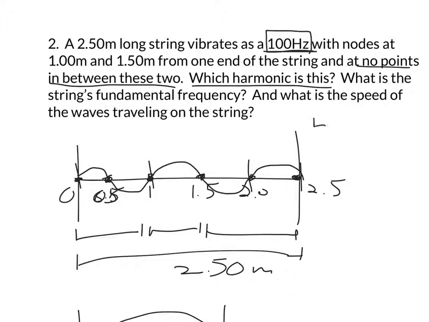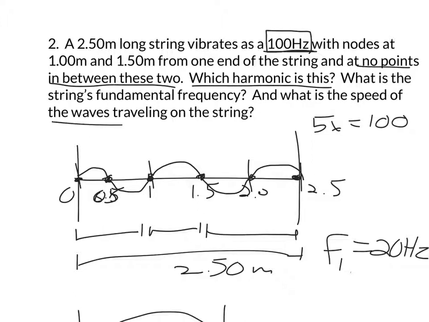So 5x equals 100 hertz. So x is going to be 20. And that should make sense. If I'm 20, second harmonic is 40, then 60, then 80, then 100. So that should work for us. So the fundamental frequency f1 is 20 hertz.